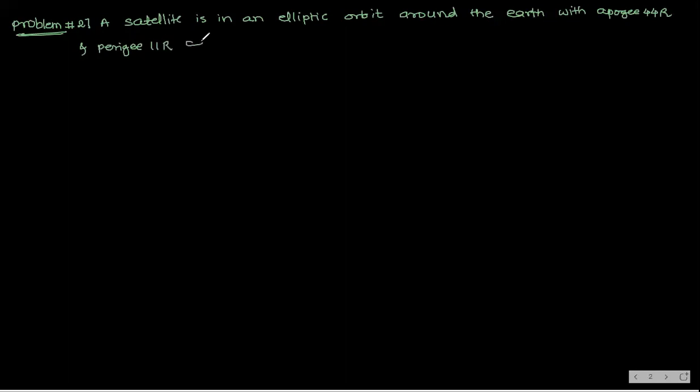Calculate eccentricity of orbit. And given R is equal to 6,400 kilometers. Can you do it? Do it fast. Start doing.